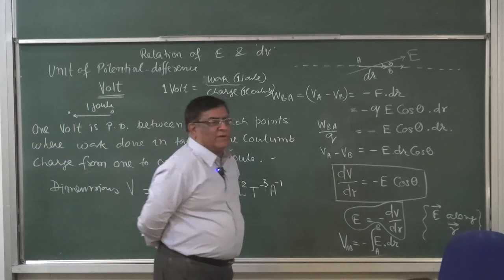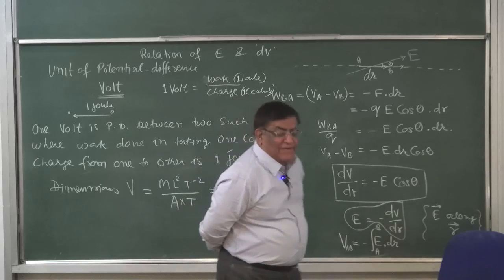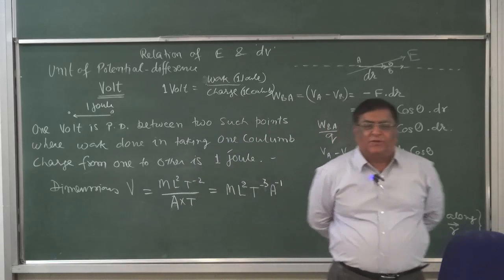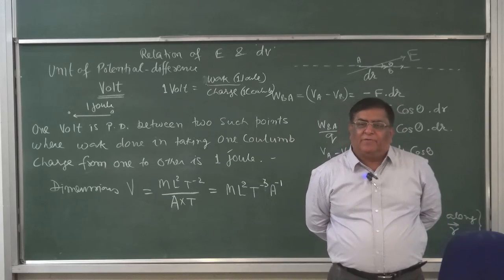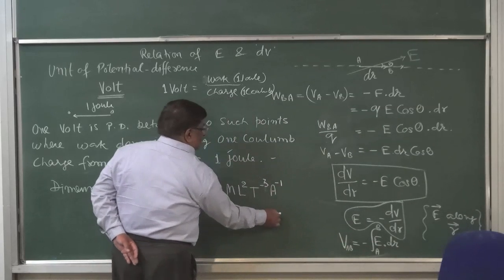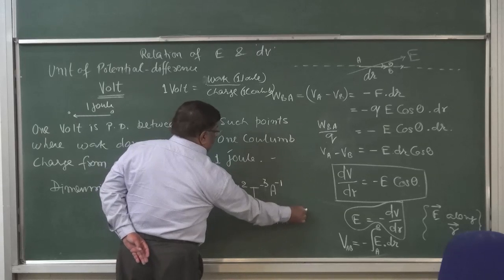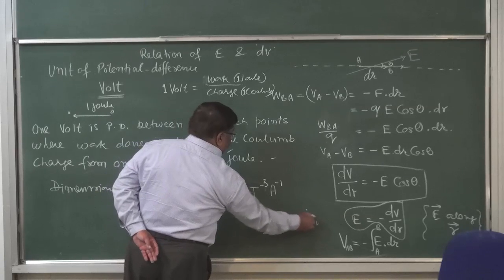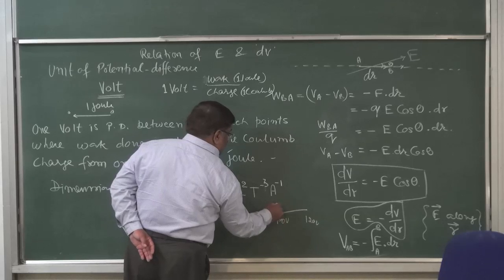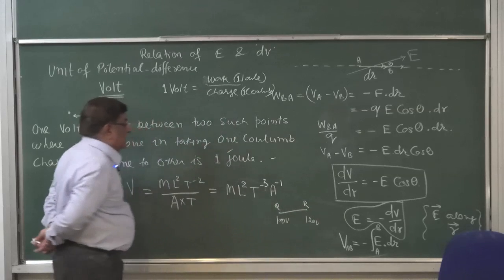So now we have got this relation. On the basis of this relation, can you decide the direction of the electric field if we are given 2 points where the voltage is given to us? Like these are the 2 points. Here it is 100 volt and here it is 120 volt. Q, R. What is the direction of the electric field?